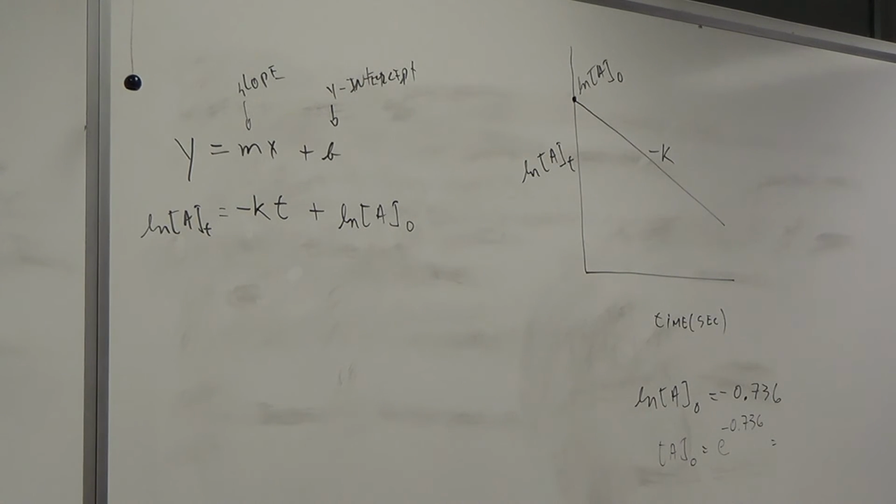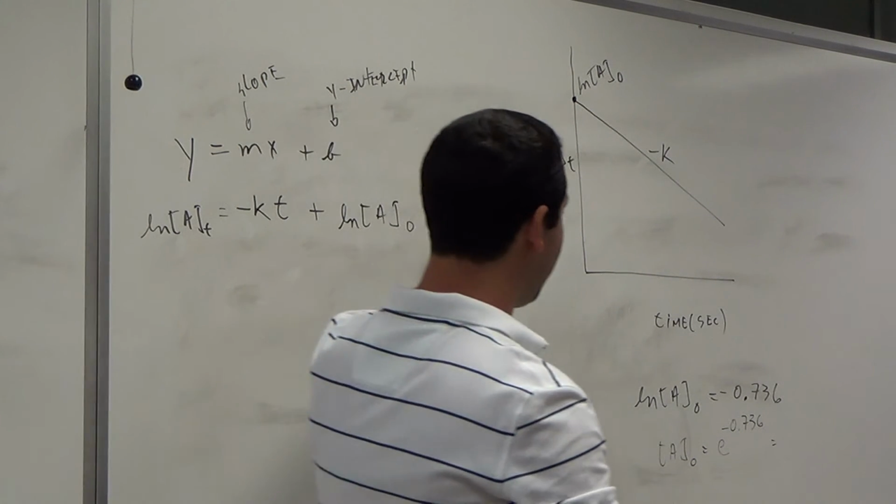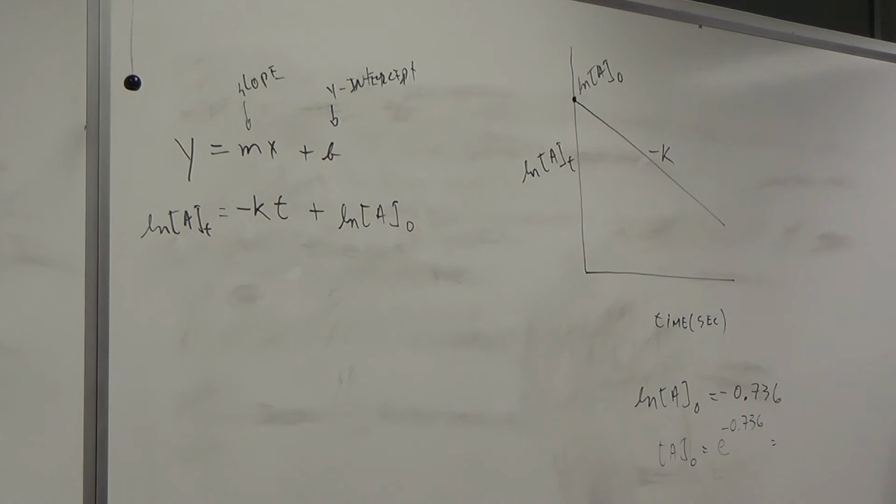It makes sense, but the y-axis is an ln of A instead of just A. Yes, but you did e to the x, so the ln dropped out. So it's just concentration. Because when you do the ln of concentration and then you do e to the ln, the ln disappears, and just concentration is left.